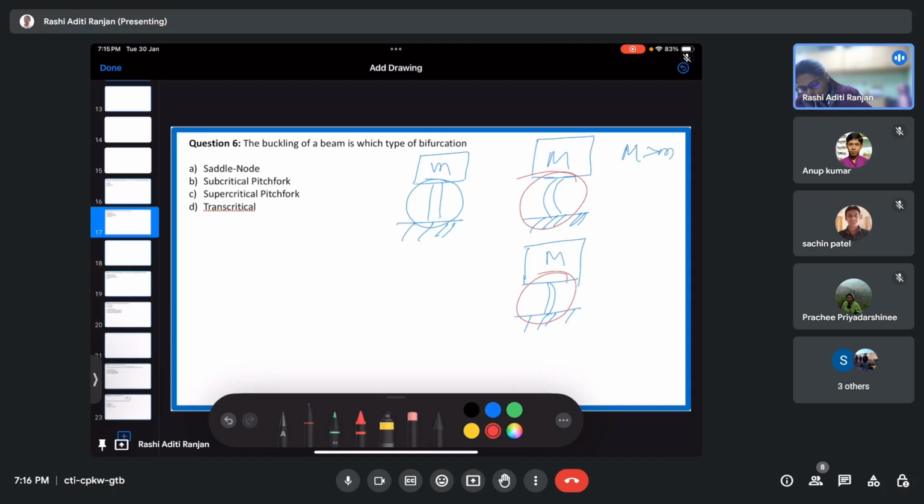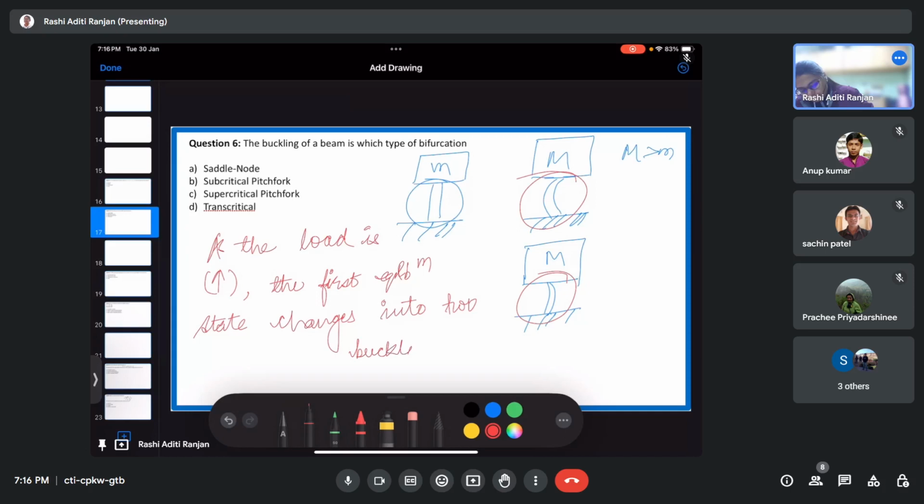So as the load is increasing, the first equilibrium state changes into two buckled equilibrium states, isn't it?